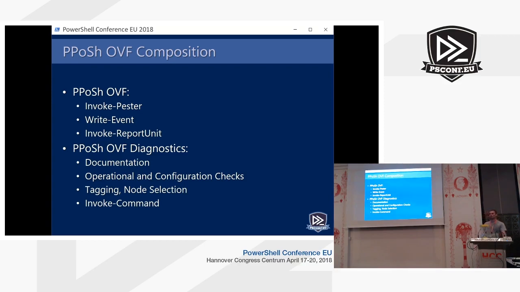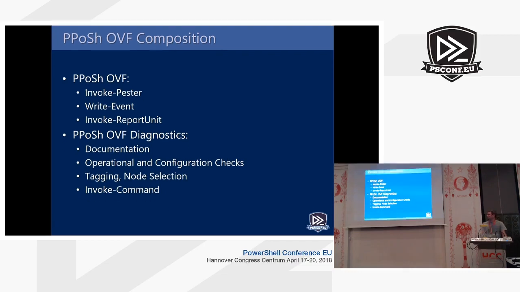The plan is to also add SSH compatibility, so I will be able to log into a Linux machine, gather the object using Bash, using Python, whatever I like, because the object will be passed back to my management station, where I'm in my most knowledgeable environment. I know Windows and I know PowerShell, so with the object I can do whatever I want. I can perform any test I want. So this is the composition.